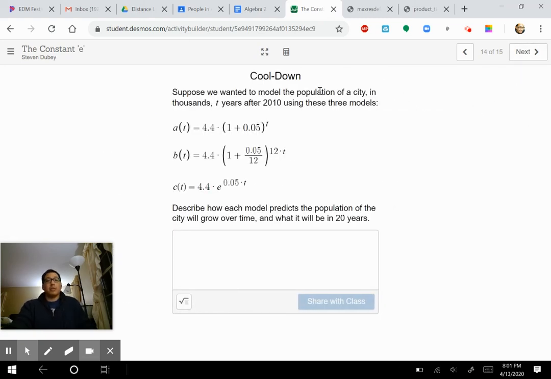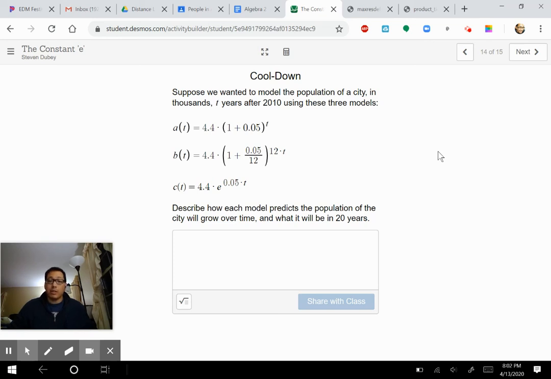Lastly, I want you to take a look at this cooldown. Suppose we wanted to model the population of a city in thousands of people, t years after 2010, using these 3 different models here. Describe how each model predicts the population of the city, or how the population grows in each model, and what each gives you as a prediction for 20 years later. I'm going to leave that up to you.